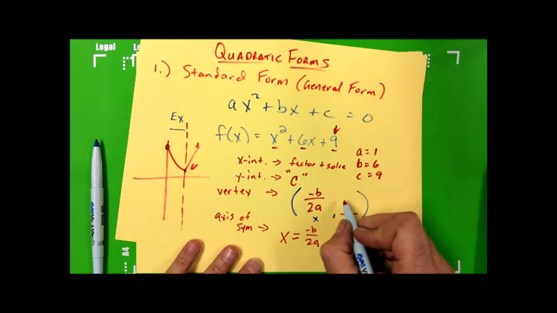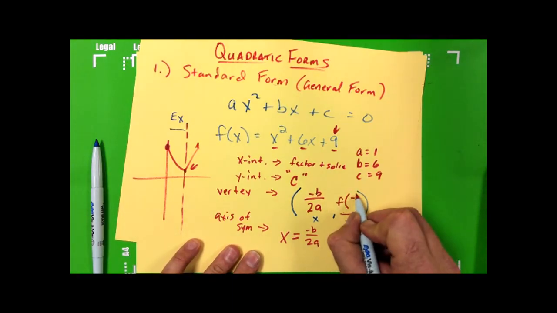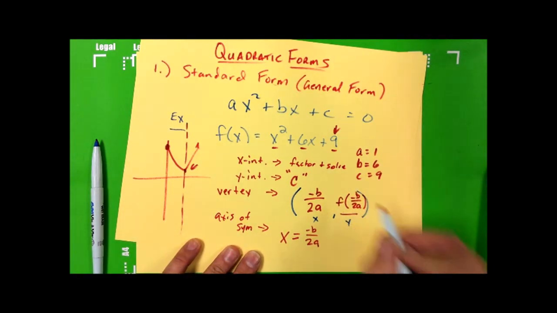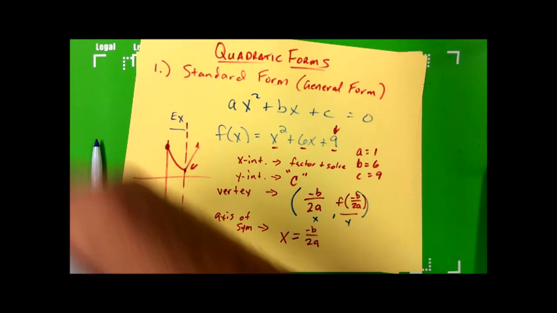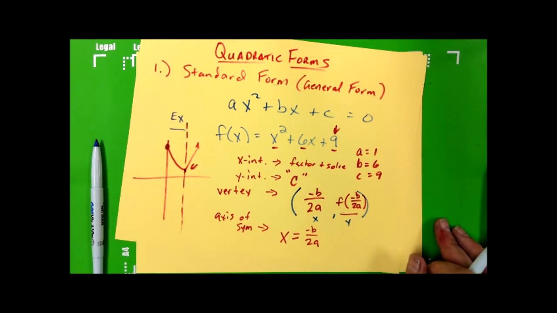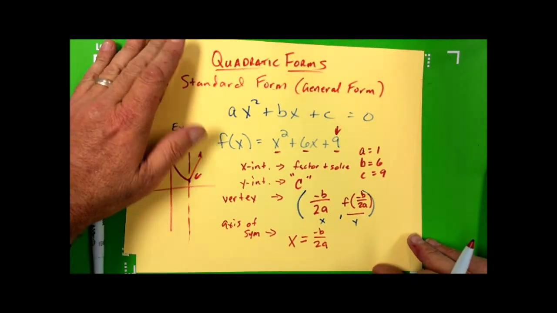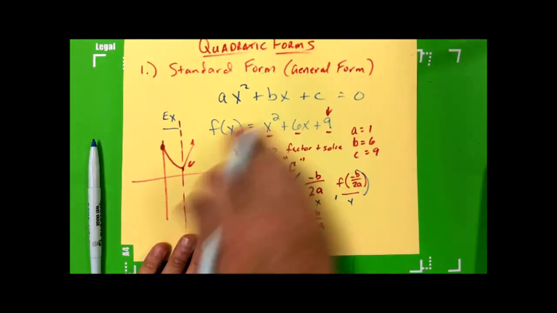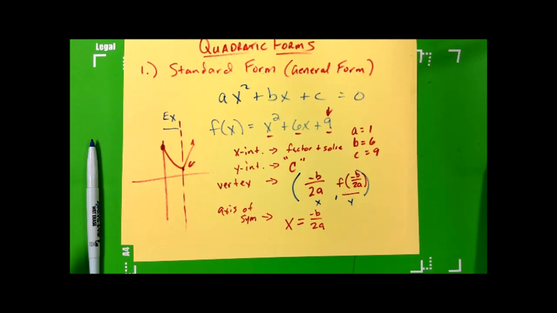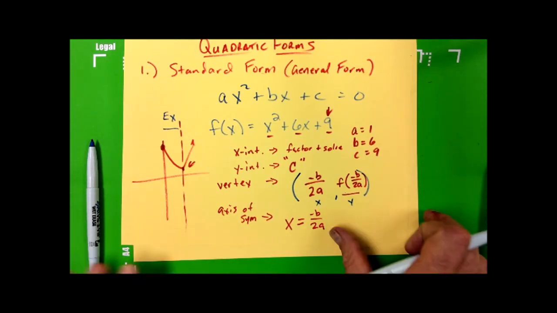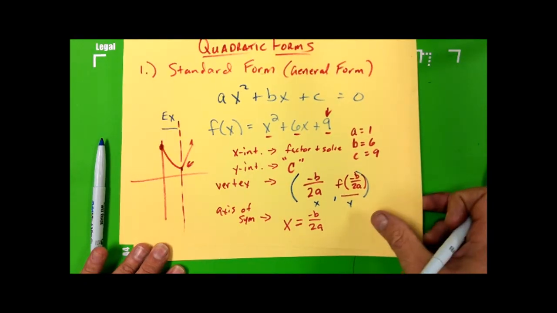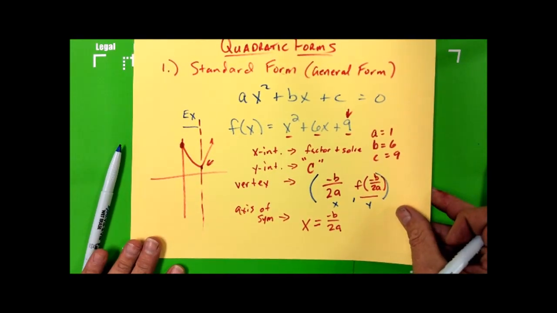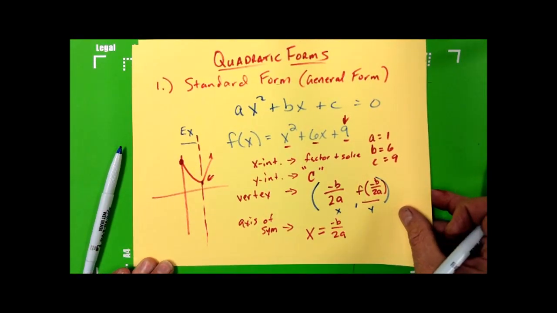Now you'll see it written this way: F of negative B over 2A, and that implies you take this and make that the input of the function itself. Okay, so that's the way you go about that in a quadratic scenario. All right? Yes, sir. So you're saying that once we find an X, all we do is input it into the function. Yeah, we plug it back in.